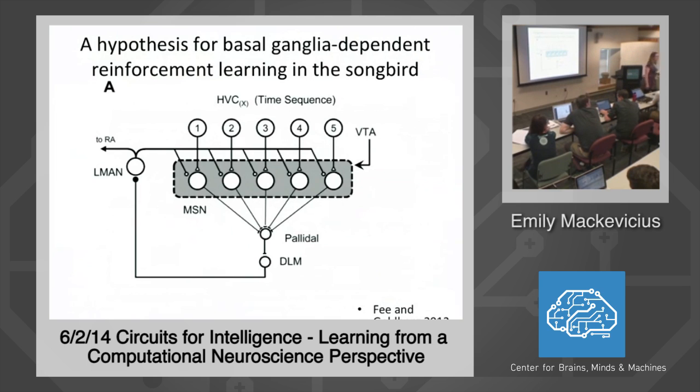So the idea is if he's singing, if his pitch was high at time point 4, these neurons would be active at the same time. If he subsequently got reward, strengthen that synapse, and so next time he goes around to sing his song, he'll sing a higher pitch at time point 4.